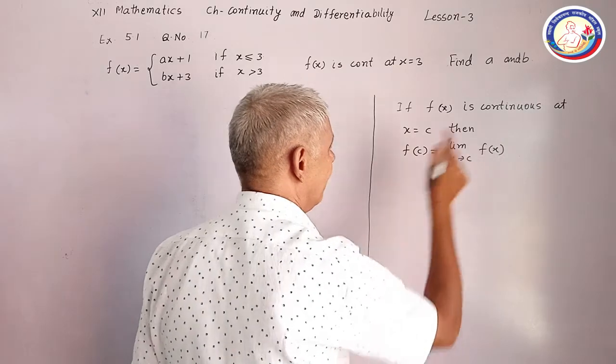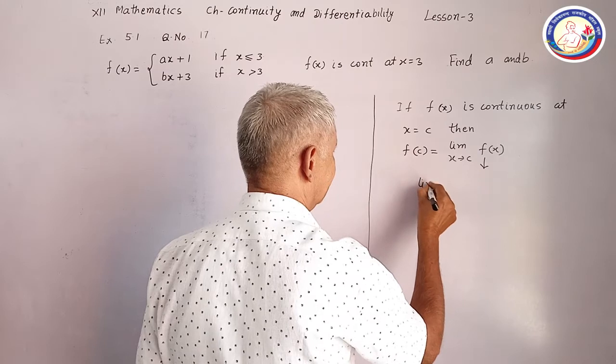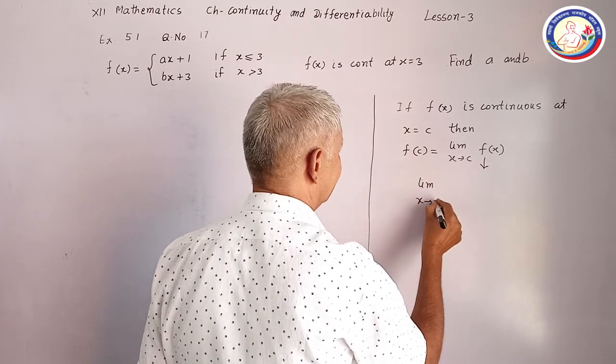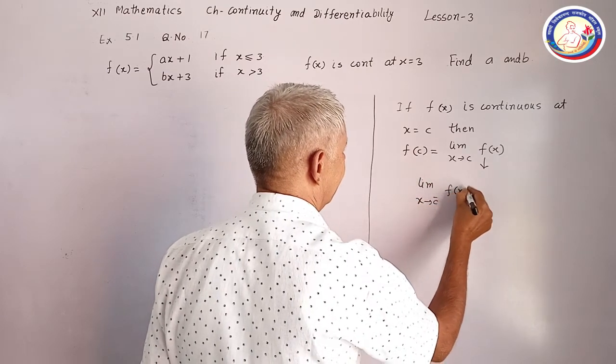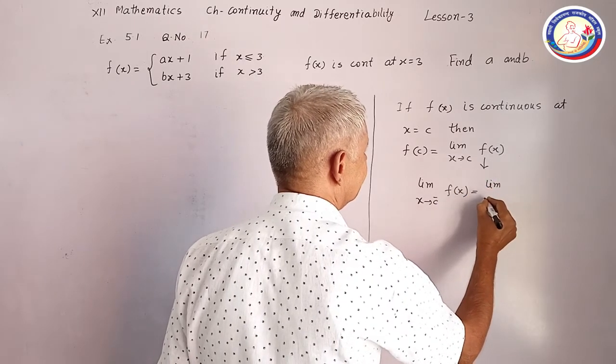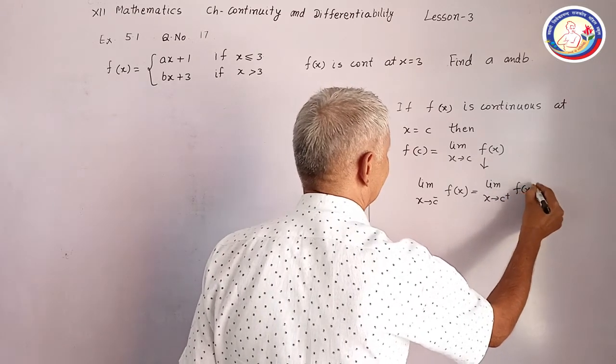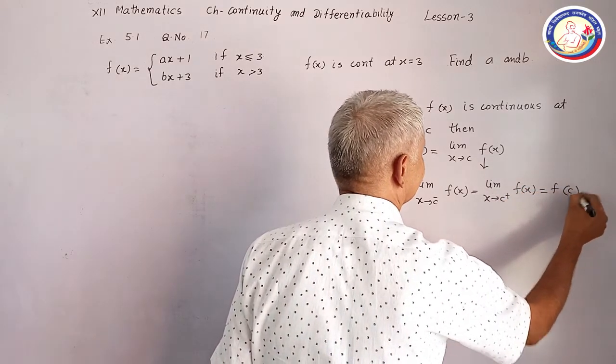Or in other words, we can say that limit x tending to c minus of f(x) is equal to limit x tending to c plus, equal to f(c).